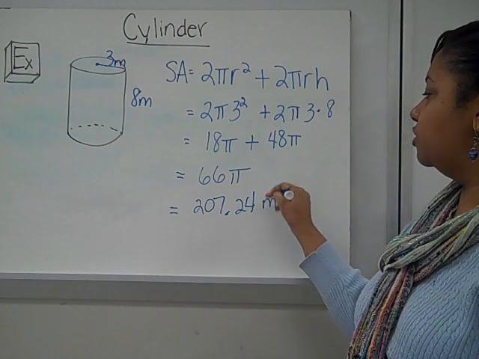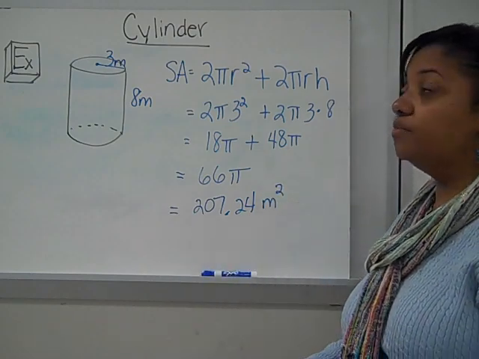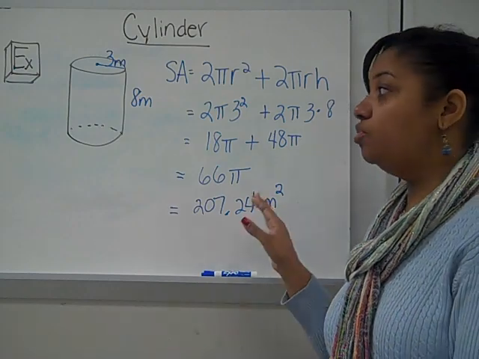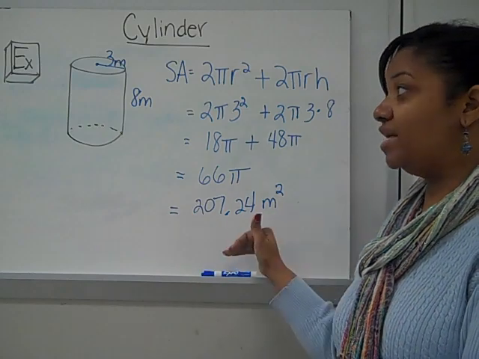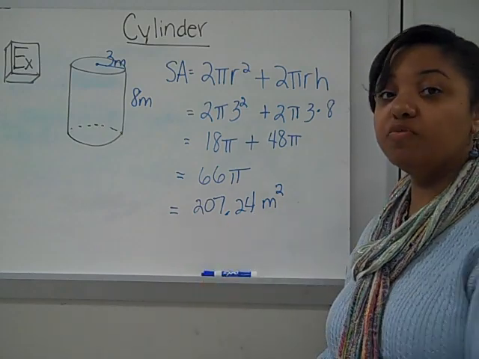And that's going to be meters squared because we're still dealing with surface area, and so an area is always squared. Remember, you can rewind, so you can write down all the notes, pause to get it down. We're going to practice more of this in class.